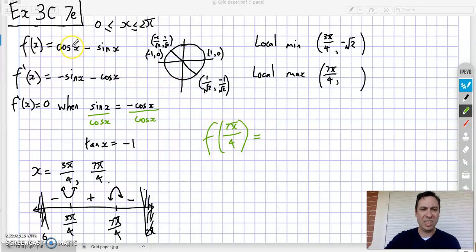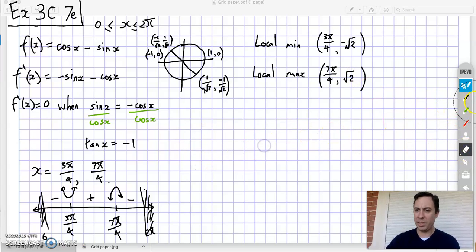Cos of x, that's a 1 on root 2, but I'm going to write it as a root 2 on 2, same thing. Then we're going to have minus, plus a root 2 on 2. That will equal 2 root 2's on 2, which is just square root 2.